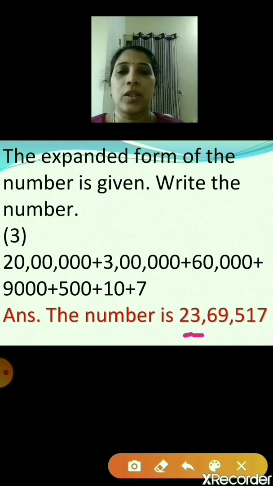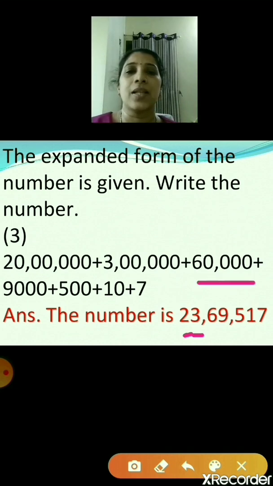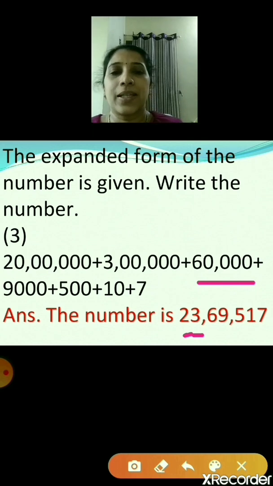Now we'll go for the third part, that is 6 followed by 4 zeros. So the first 0 in the units place, second 0 in the tens place, third 0 in the hundreds place, fourth 0 in the thousands place, and the digit 6 is in the 10,000s place. So in the 10,000s place, the next number will be 6.